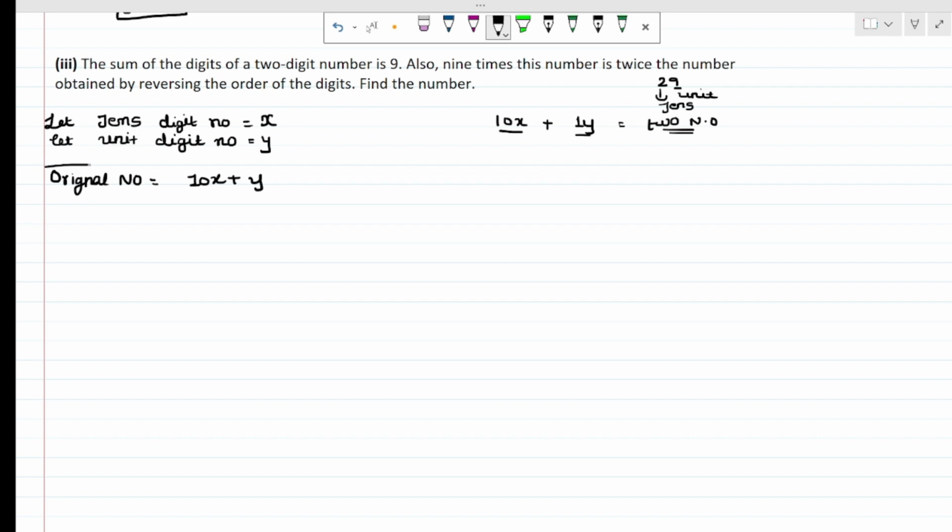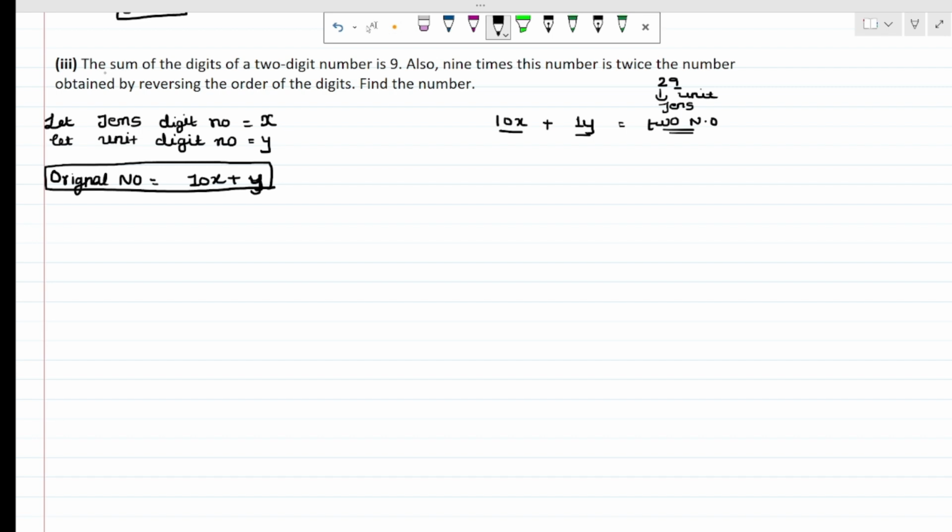So you should always keep in mind whenever you are doing this type of sum that original number equals 10x plus y. Understood how it came? For unit means 1, so that is why I have taken only y. For tens means 10 times your x number. That is why we have taken 10x.